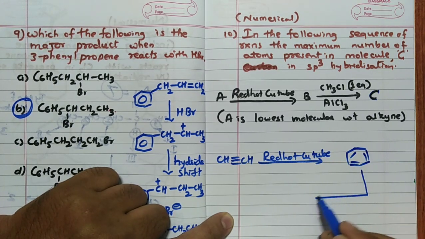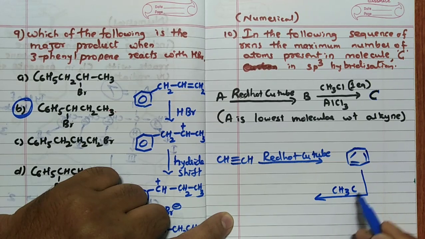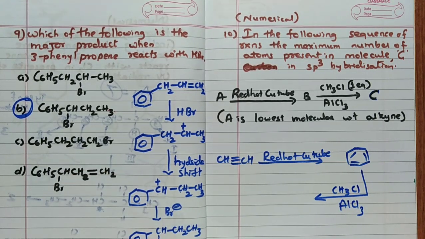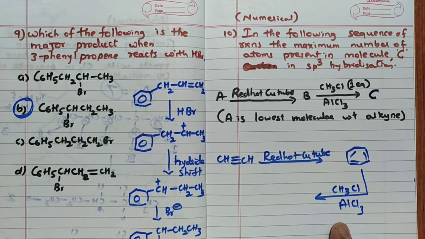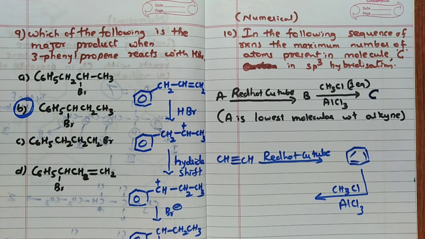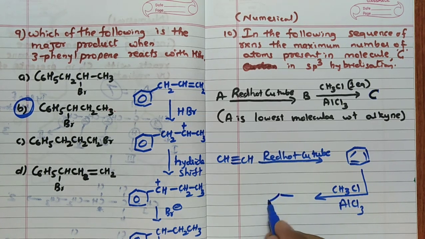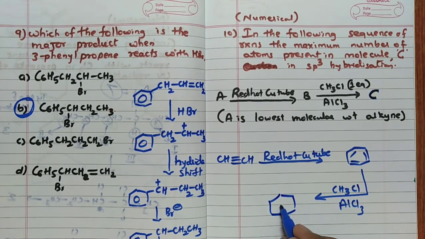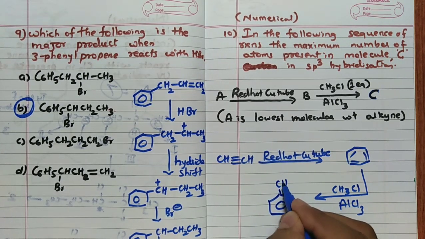This, when it reacts with CH3Cl and AlCl3, is Friedel-Crafts alkylation. Don't think, sir, anhydrous is not given, so how does it take place? Those small things they will not mention in the reaction. That you have to remember. So AlCl3 and CH3Cl are given, and you get methylbenzene, that is, toluene with CH3.